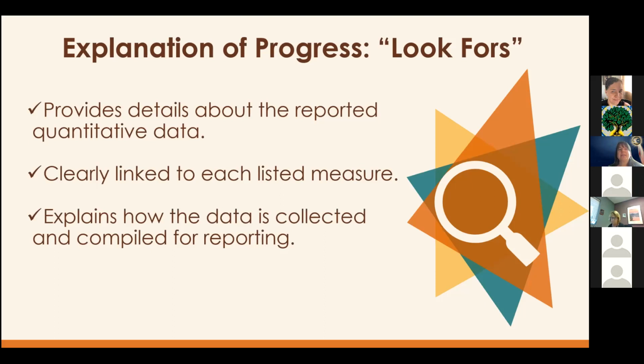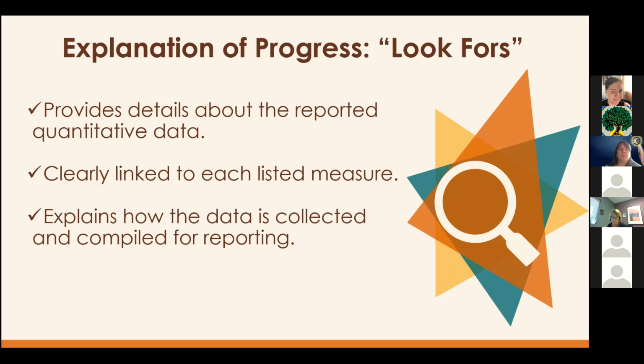So here are some things that we look for in that narrative explanation of progress, right? Details about the reported quantitative data, telling us what's represented in those numbers. Just like we unpacked those GEPRA measures, we need you to tell us what those numbers represent to you in your program.